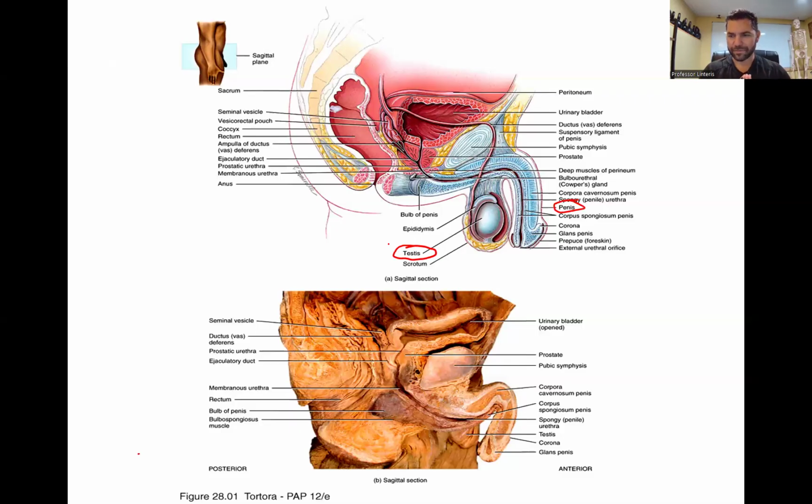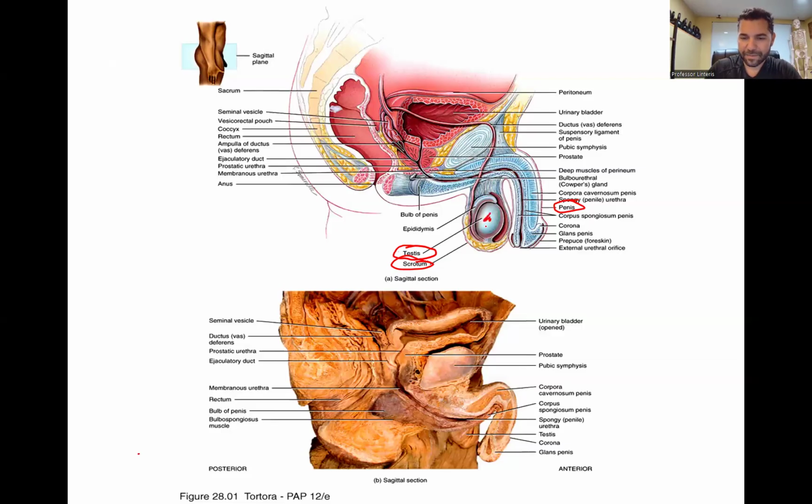The main goal of this system is sexual reproduction. Sperm is produced in the testes, and we will look at some of the substructures within the testes. The testes are held by the scrotum. This is very important: there are muscles that can elevate and descend the testes in order to regulate temperature, to help the sperm not die.